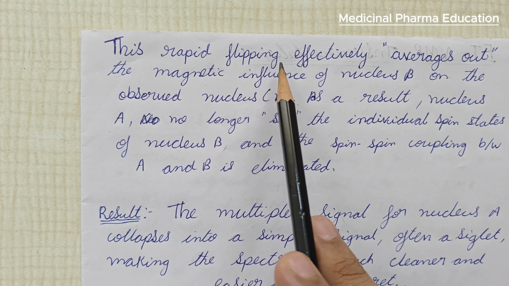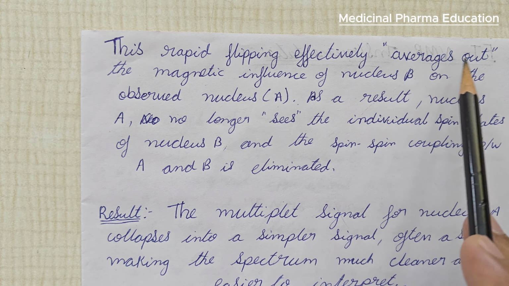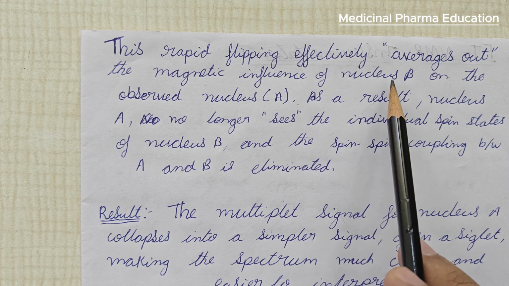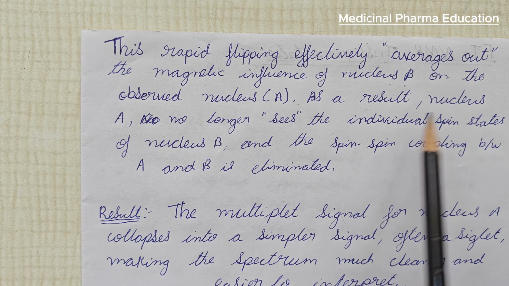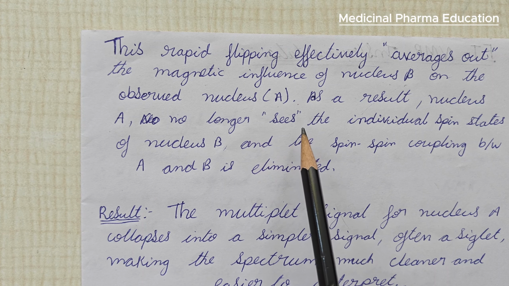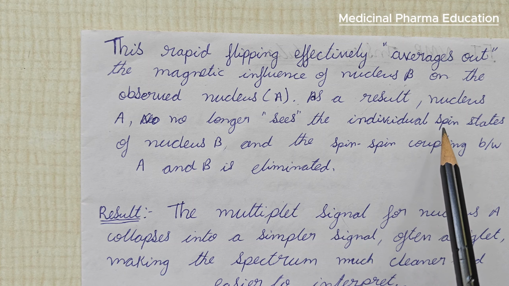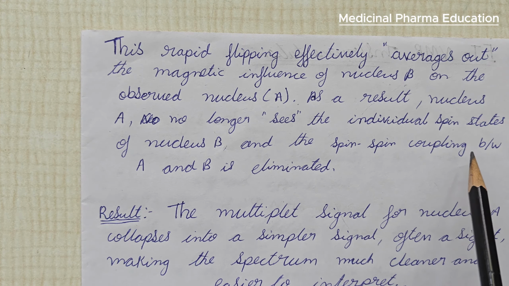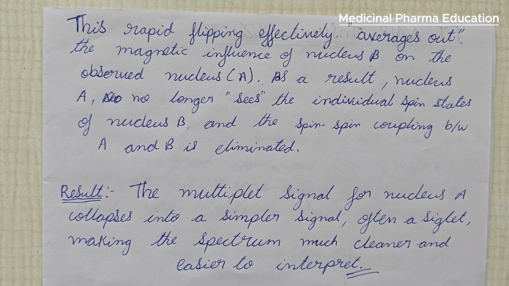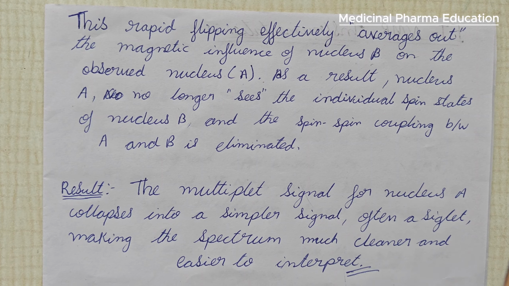See, this rapid flipping effectively averages out the magnetic influence of nucleus B on the observed nucleus A. As a result, nucleus A no longer sees the individual spin state of nucleus B, and spin-spin coupling between A and B is eliminated. See, I have said right.